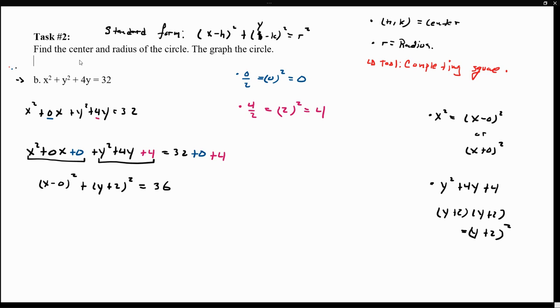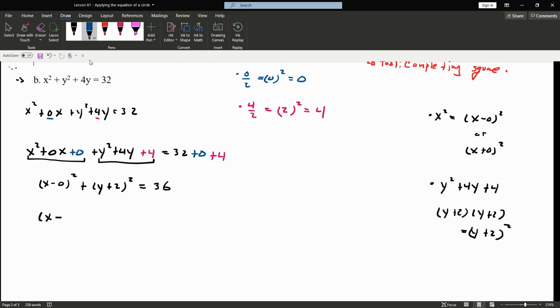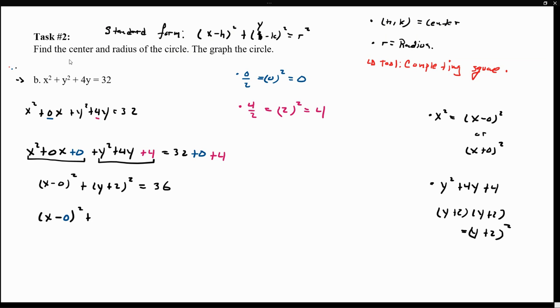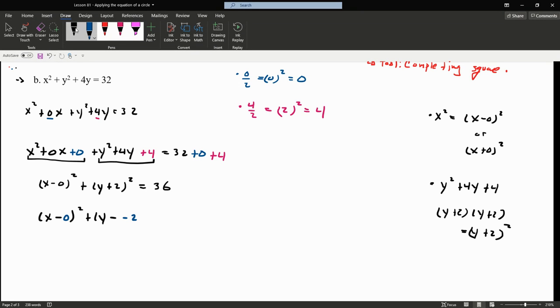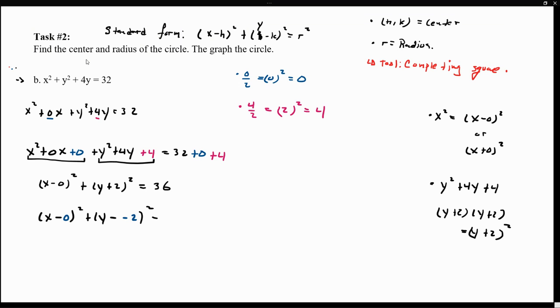Let's rewrite it exactly in our standard form. So we're going to get x minus 0 squared plus y minus negative 2 squared equals 36.